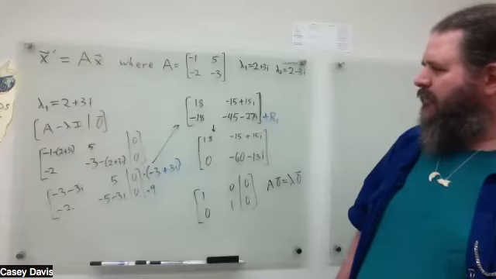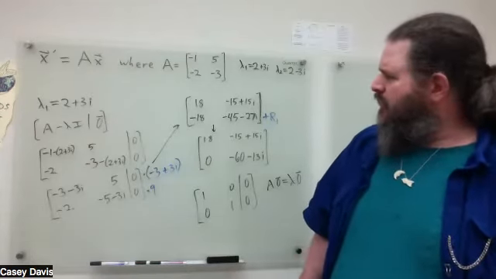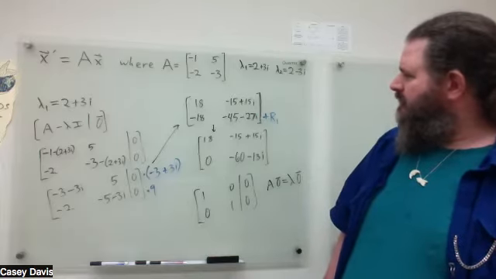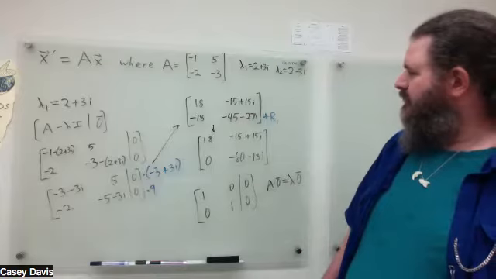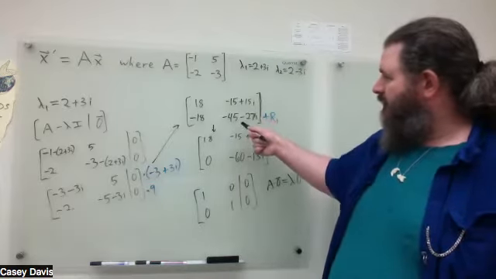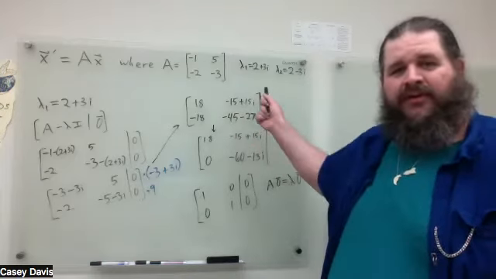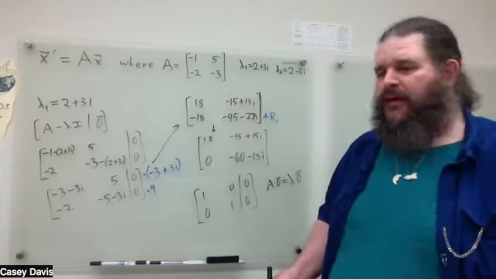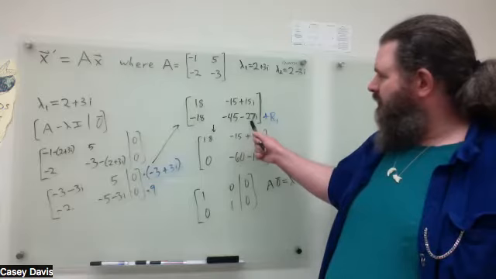So let's back up for a minute now that we know something has gone wrong. Were there any mistakes in the algebra here, in the row reduction steps that led up to this? These not canceling out is pretty definitely clear now that these are not the same thing. We should expect the rows to be the same or multiples of each other. So that means there's something wrong with this.